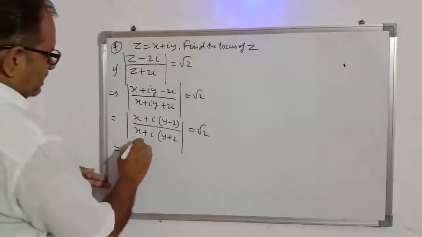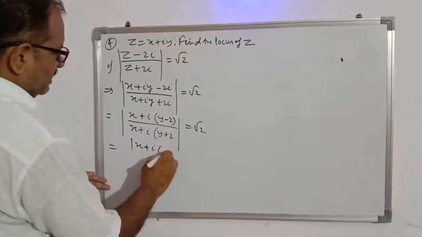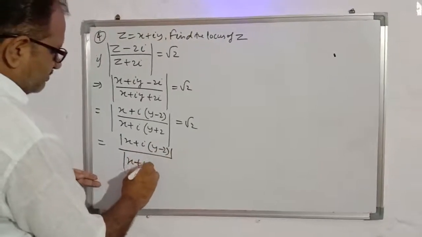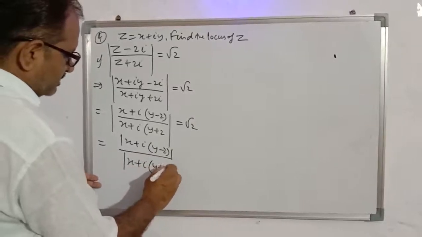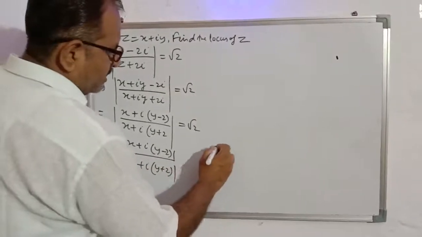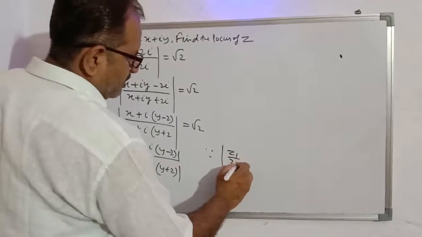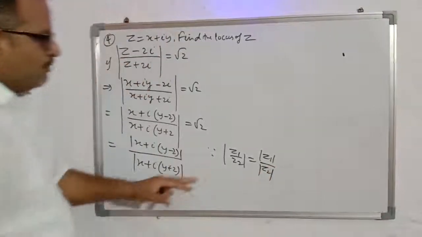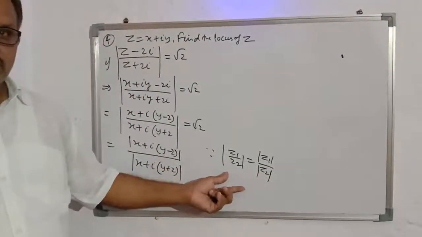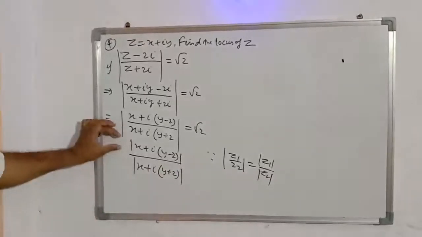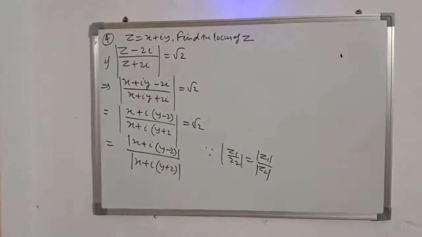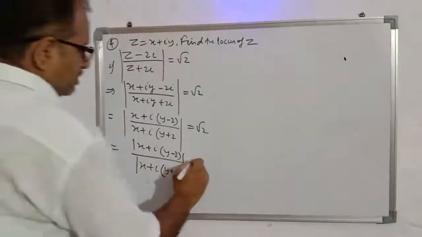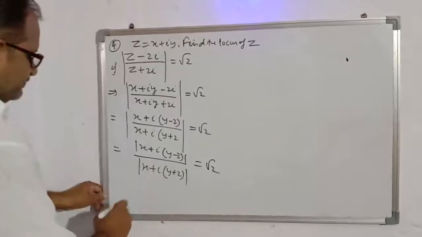We can write it separately, mod of x plus iy minus 2i upon mod of x plus iy plus 2i. Since we know that mod of z1 upon z2 we write as mod of z1 upon mod of z2. It is the property of the modulus of complex numbers. So mod of numerator upon mod of denominator, it is equal to root 2.